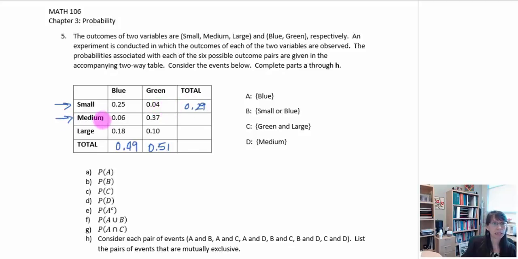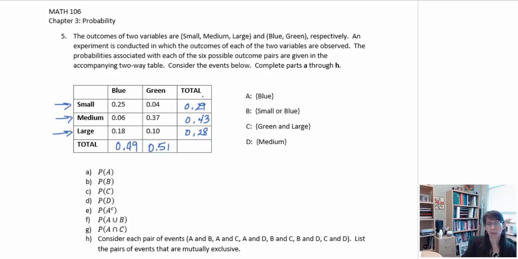If the event medium occurs, that means we're adding 0.06 to 0.37, and that's 0.43. And finally, if the event large occurs, we're adding 0.18 and 0.10, so that's 0.28.